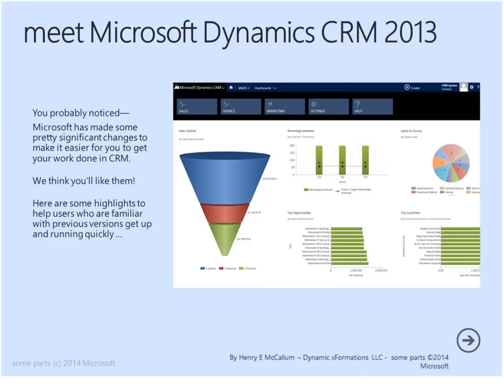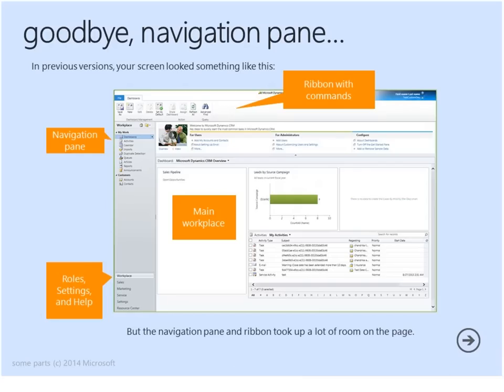I'm sorry, I'm hitting the wrong button there. All right, so taking a peek at the old version, we had our ribbon commands at the top. We had our navigation pane at the bottom, to the left. We had our areas, our functional areas, role settings, so on and so forth at the lower left-hand side. We had our main workspace. All of that still exists in 2013.